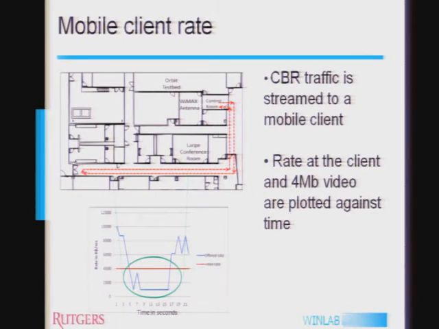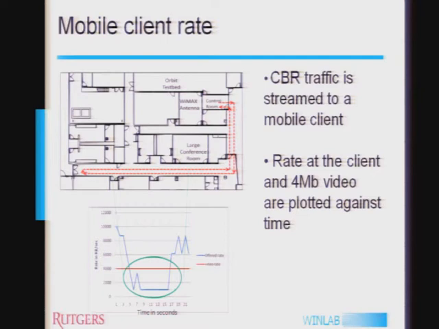So this is the floor plan of WinLab. There's a WiMAX client that has a video being streamed to it, and I have a path along which I'm walking away, and this green region shows that the received signal strength of the client is really low. This graph shows the throughput and time.